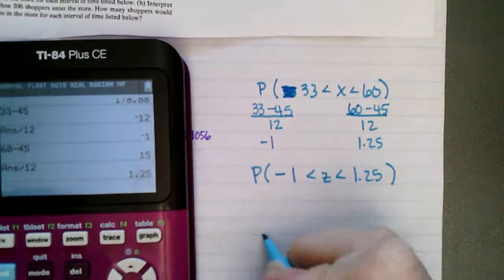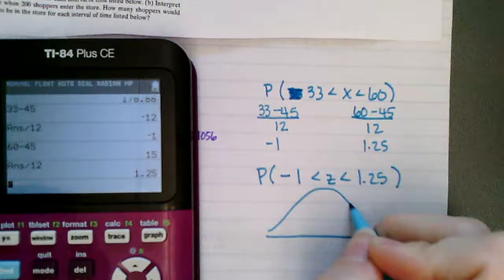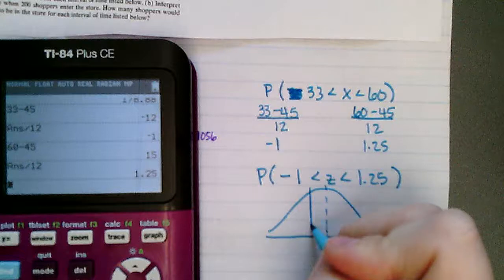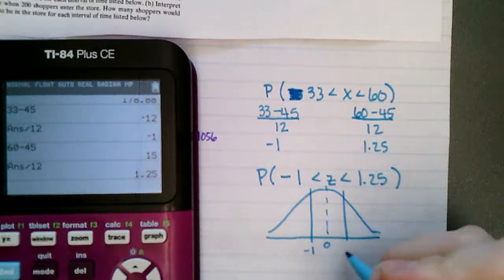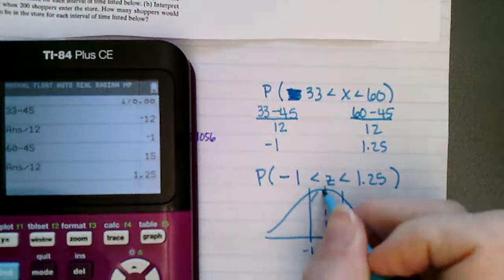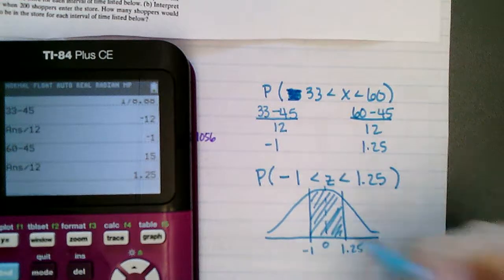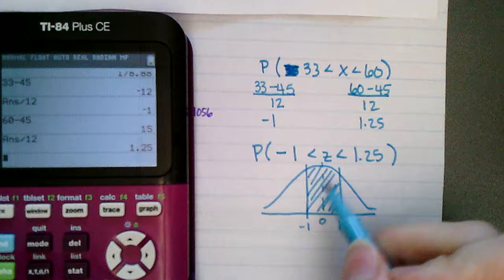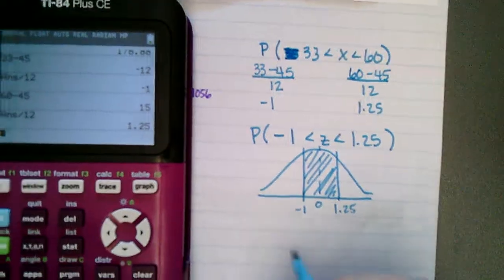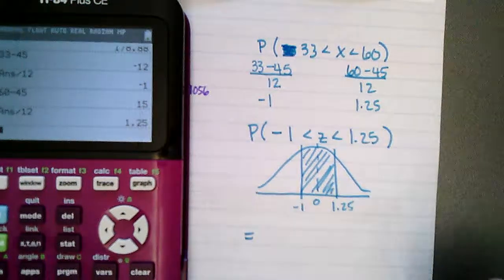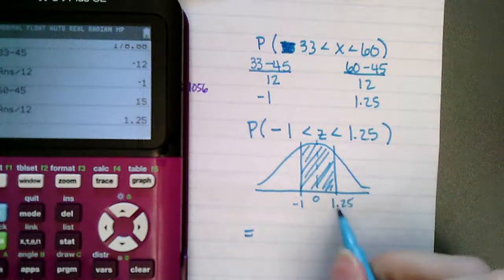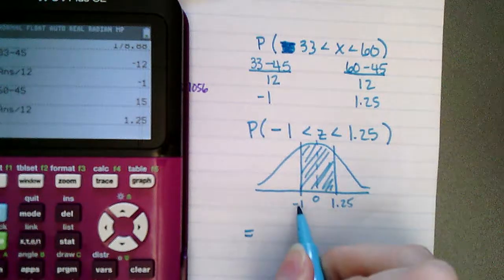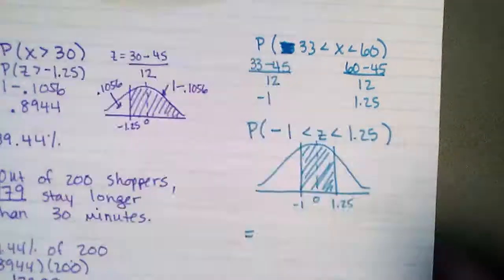So on my little picture here, there's 0. I want to be bigger than negative 1, but smaller than 1.25. So we are in here. Remember that when I have an area between 2 Z-scores, I'm going to look up their areas and subtract them. So I'm going to find the area for 1.25 and then subtract the area for negative 1.